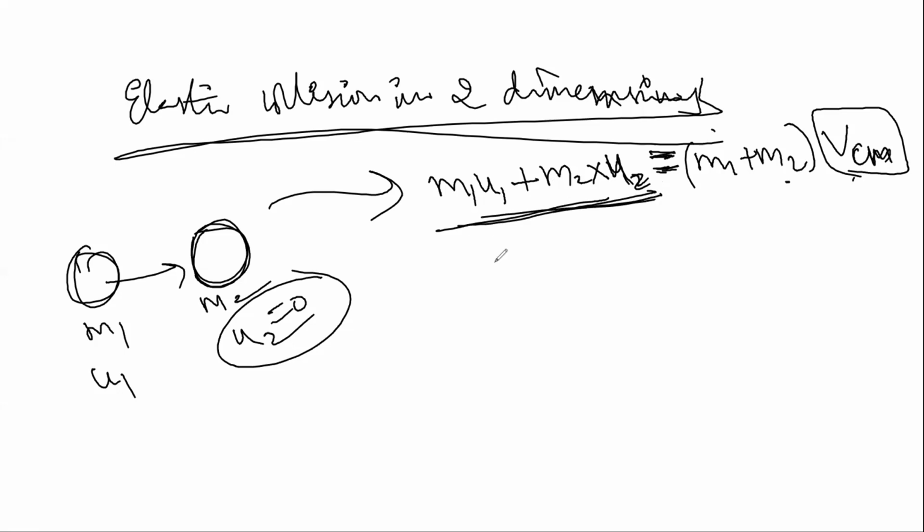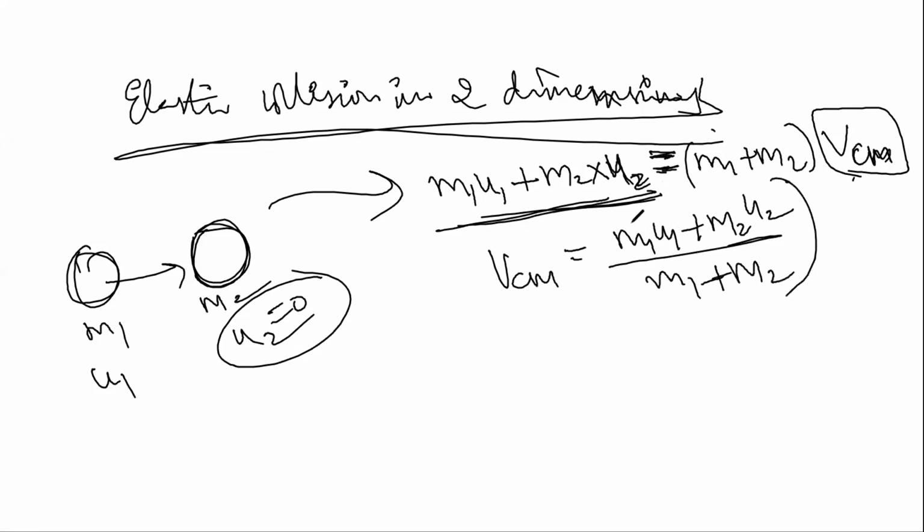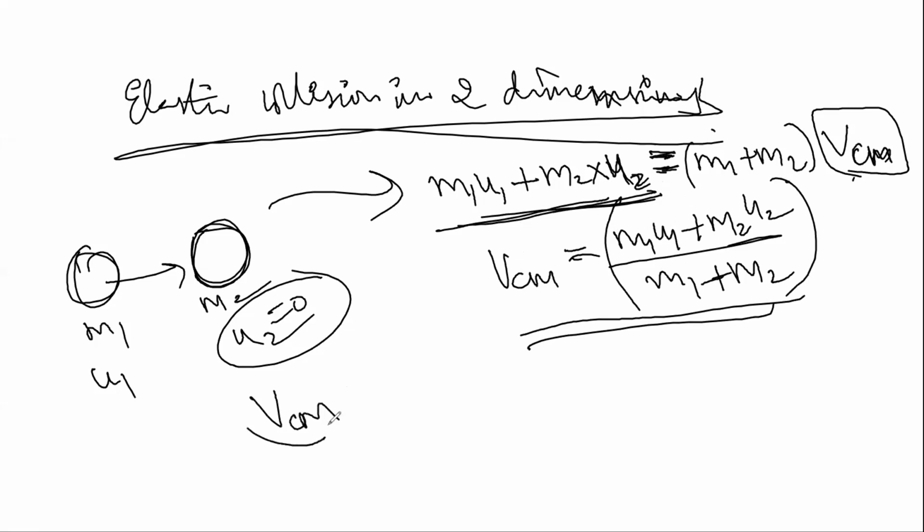So what is my velocity of center of mass? vcm equals m1u1 plus m2u2 by m1 plus m2. This is the velocity with which the center of mass is moving with respect to the laboratory frame of reference.